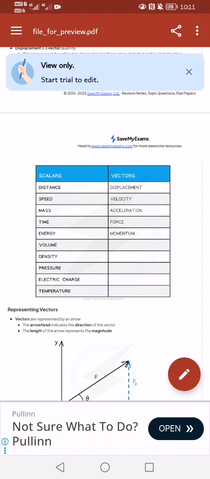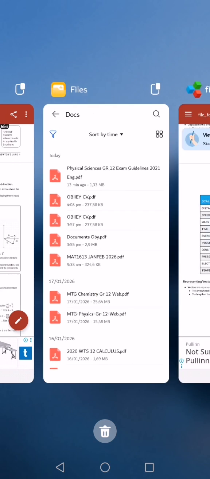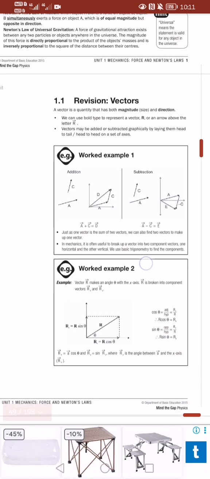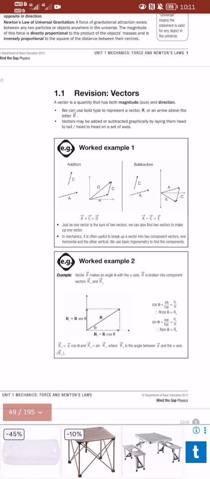So I was trying to show you those vectors. Therefore vectors are represented by an arrow. We all know that. Then to resolve our vectors, we must know that we have two methods from our grade 11.